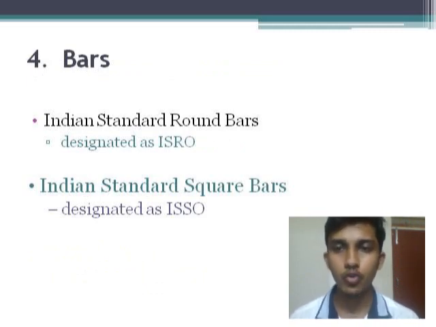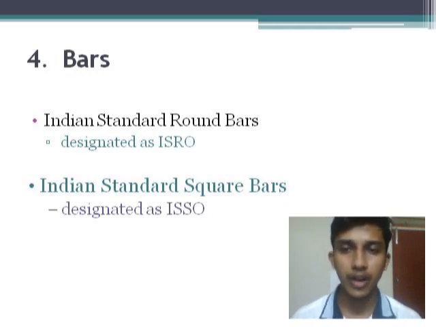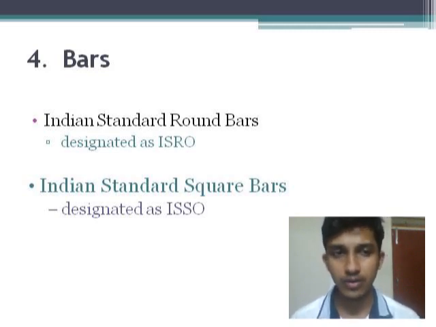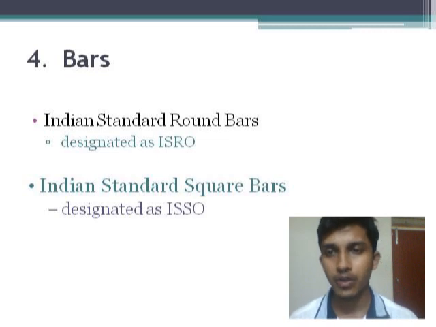In bars we have two categories based on the shape: Indian Standard round bars and square bars. Round bar we designate as ISRO, and square bars we designate as ISSO, where S represents square and R represents round. These two types we have in bars.